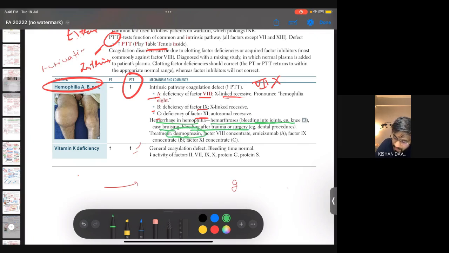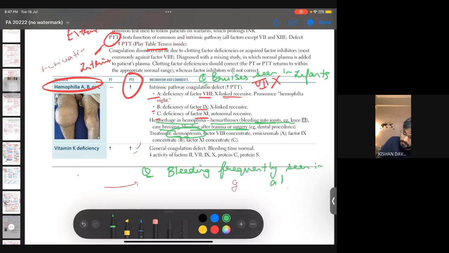Treatment will be desmopressin. Okay, now here they will give you a case. Bruises seen in infant. Okay, or you can say bleeding frequently seen in a boy.